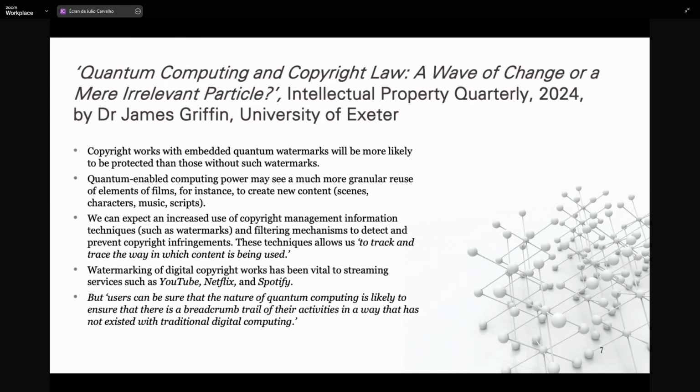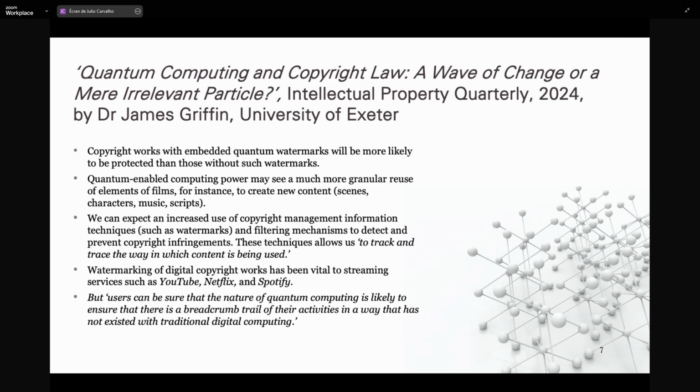These techniques allow us to track and trace the way in which content is being used. Watermarking of digital copyright works has been vital to streaming services such as YouTube, Netflix, and Spotify, to name but a few. But users can be sure, and I'm quoting ipsis literis, that the nature of quantum computing is likely to ensure that there is a breadcrumb trail of their activities in a way that has not existed with traditional digital computing.